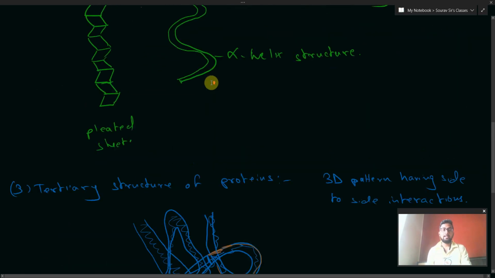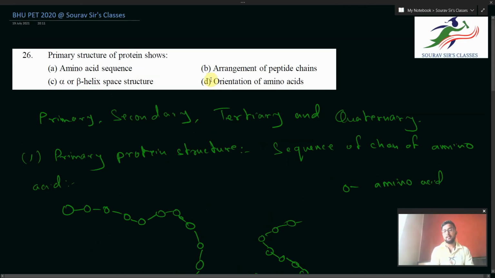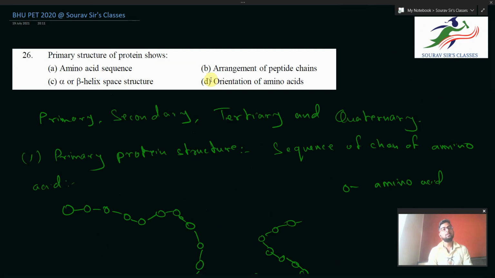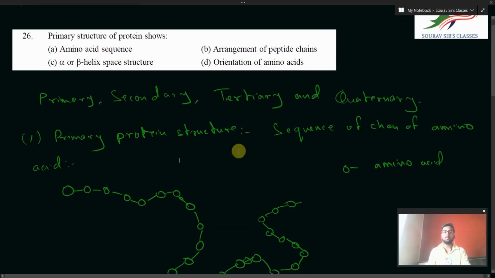Okay, now let us look at the question once again and see what the question is asking and what will be the exact answer accordingly. So this question number 26 asks that the primary structure of protein shows amino acid sequence, arrangement of peptide chains, alpha beta helix space structure, or the orientation of amino acids. Okay, so as we have already discussed, primary protein structure shows the sequence of the chain of amino acids, which is the amino acid sequence basically.